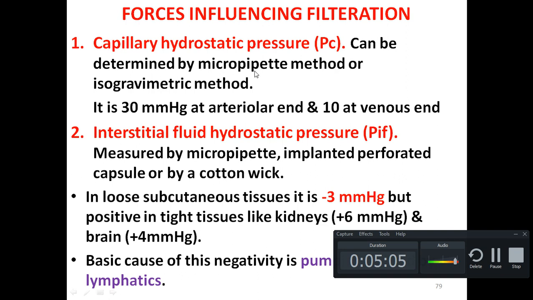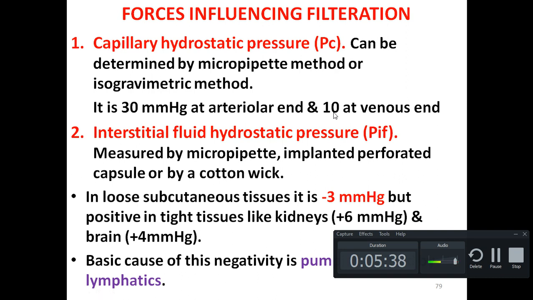One is called the micropipette method, in which very small, actually microscopic pipettes are inserted into the capillaries, and they are connected then to a pressure measuring device, and then the isogravimetric method. And by these methods, the pressure at the arteriolar end of the capillaries is about 30 millimeter of mercury, whereas at the venous end of the capillaries it is about 10 millimeter of mercury.